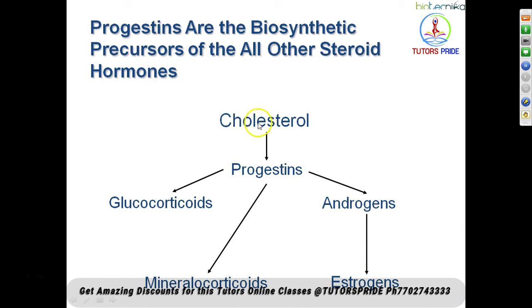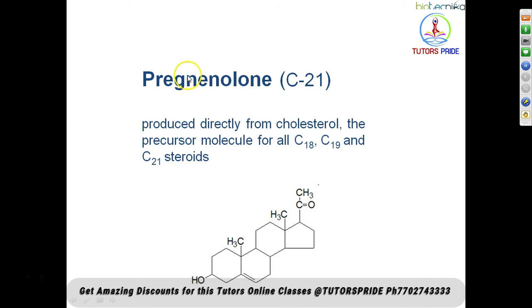So cholesterol is the starting precursor, and it is forming an intermediate, that is progestin. It is regulating different steroids like your glucocorticoids, mineralocorticoids, and androgens, that is aldosterone, cortisol, progesterone, or estrogen. All these it is regulating.